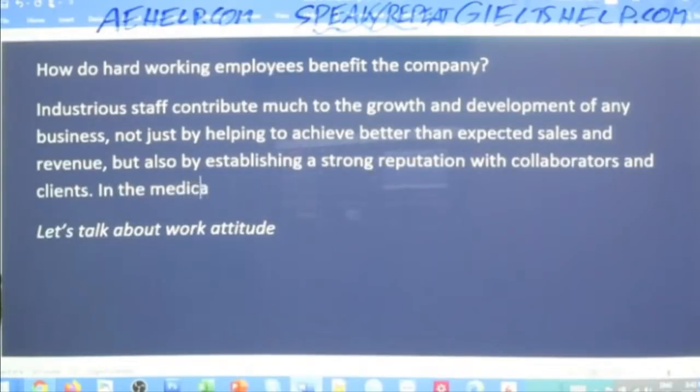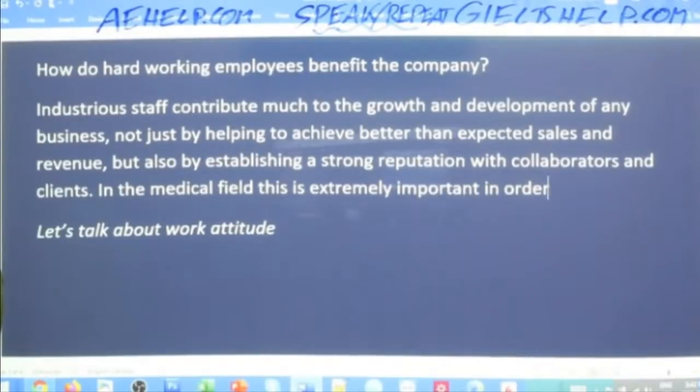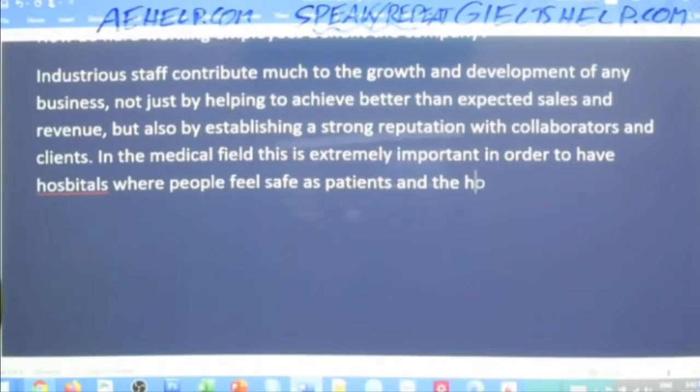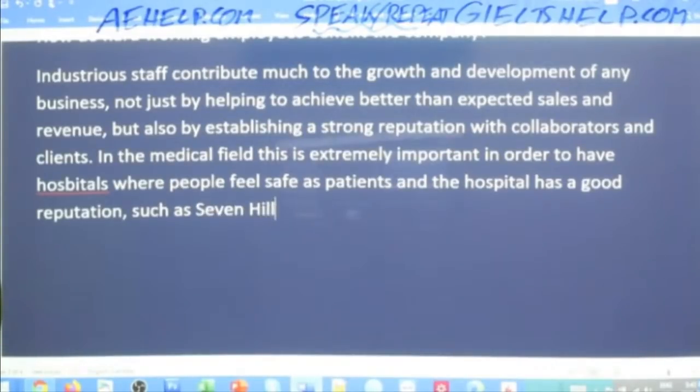In the medical field, this is extremely important in order to have hospitals where people feel safe as patients and the hospital has a good reputation, such as Seven Hills, where my mom works.